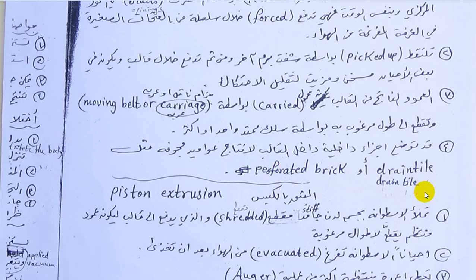The products or articles produced by such methods are called the products of auger extrusion, or products manufactured by auger extrusion.